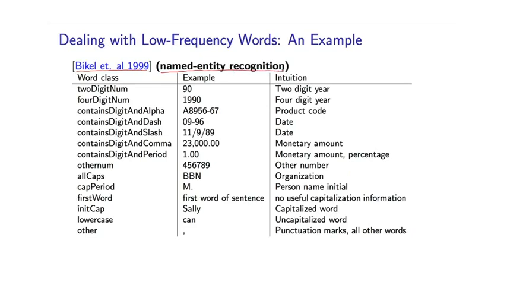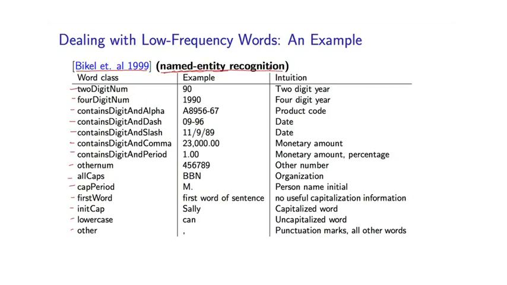They defined a mapping from these low frequency words to roughly 10 or 15 different possible word classes. These were chosen by hand, using some intuition and insight about the problem they were attacking, which was named entity recognition. So this partition of the low frequency words into different classes has been chosen to try to preserve some useful information in the named entity recognition task.